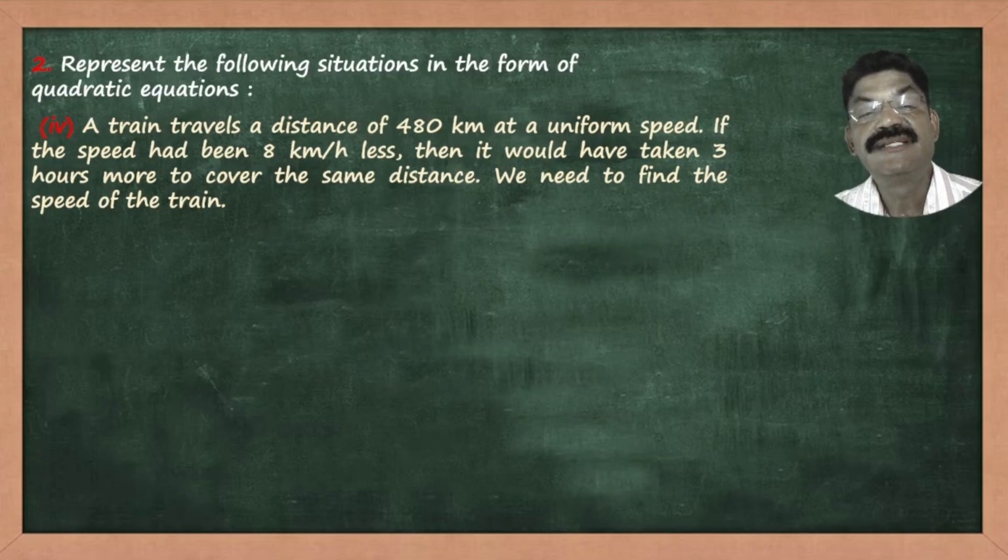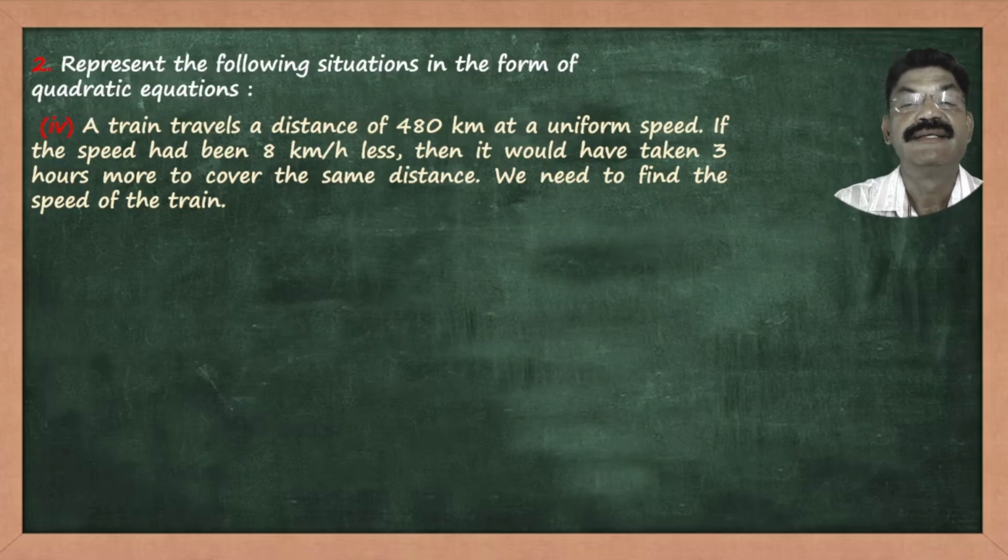So, total distance is given, 480 km. If the speed of the train is reduced by 8 km, it will take 3 hours more to cover the distance of 480 km. So we need to find the speed of the train.